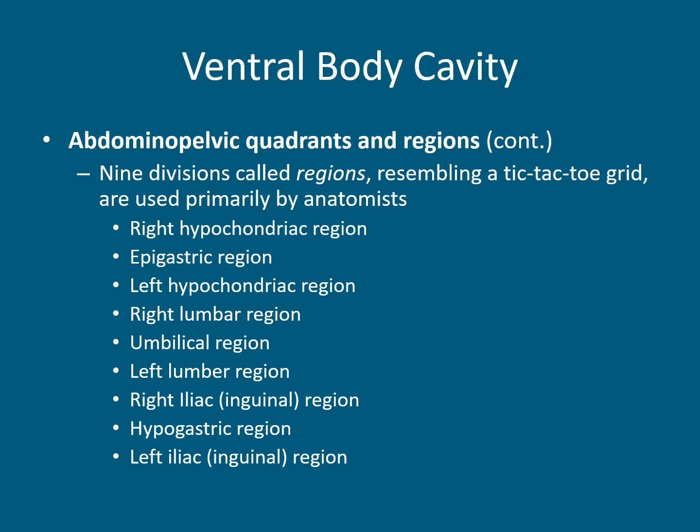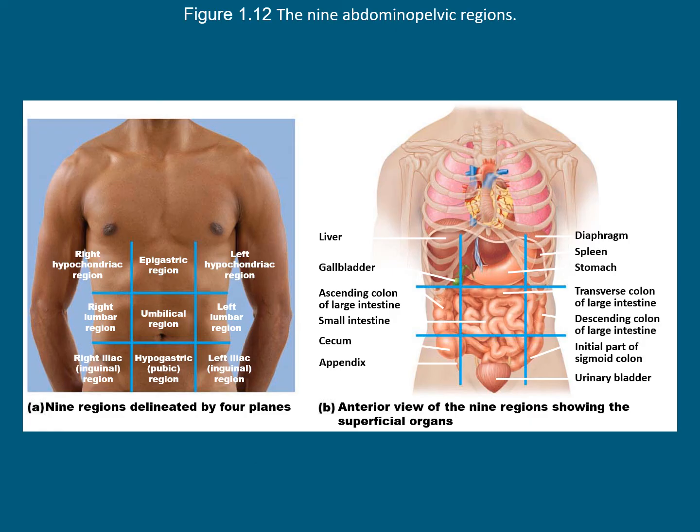Below that will be a right lumbar region, umbilical region, left lumbar region. And then below that will be the right iliac or inguinal region, hypogastric region, and the left iliac or inguinal region. So it's often described like a tic-tac-toe grid. You've taken the quadrant and now you divide it into smaller regions.